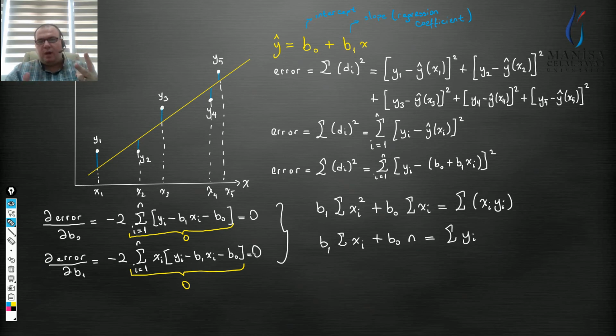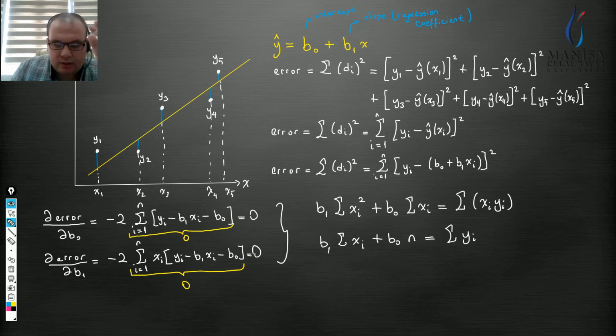Okay, so all we have to do is take a sum of x squares, a sum of x points, a sum of x times y's, and a sum of y points, and we already know the value of n, and then we can easily find the values of b1 and b0.